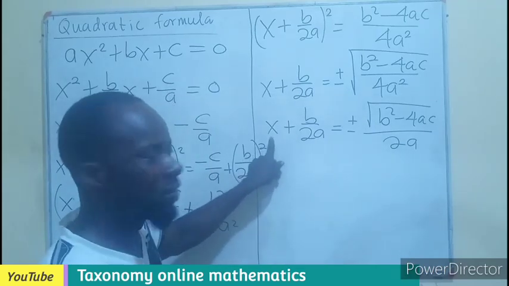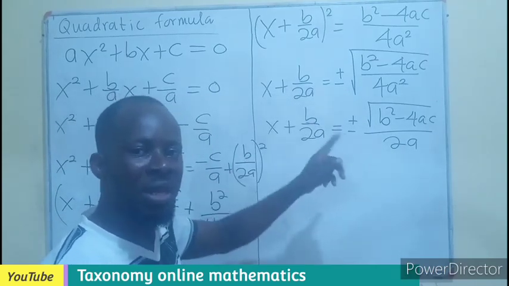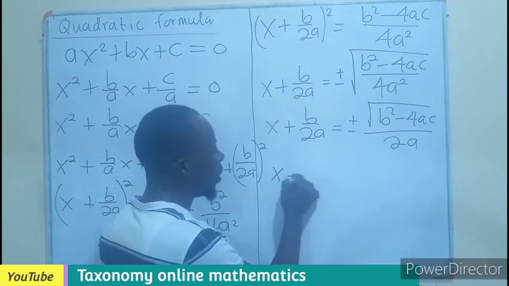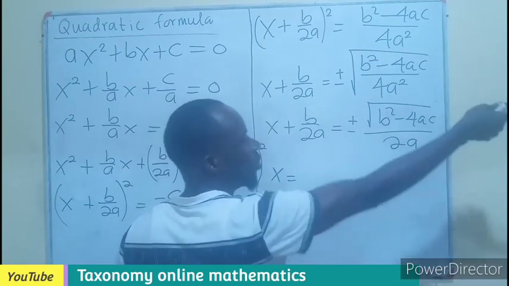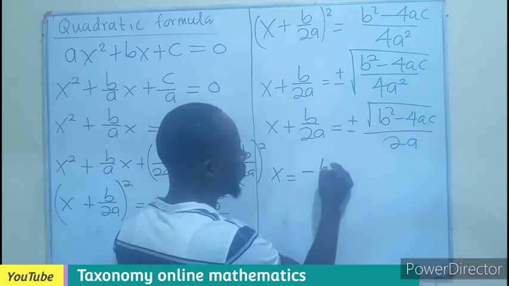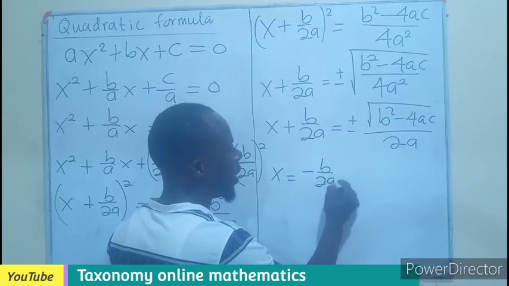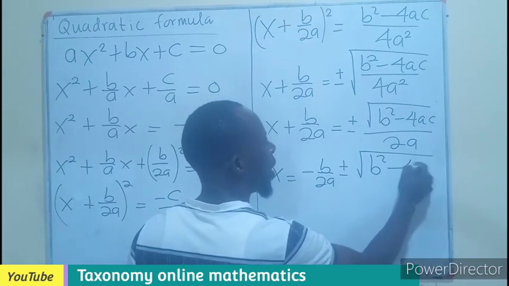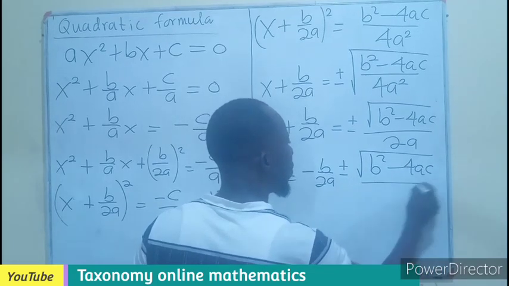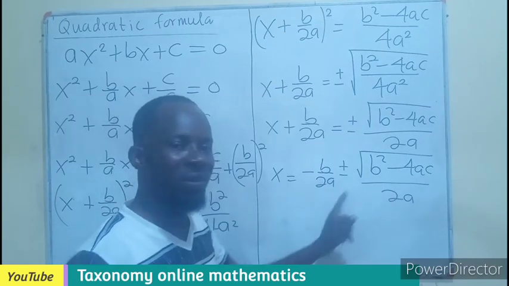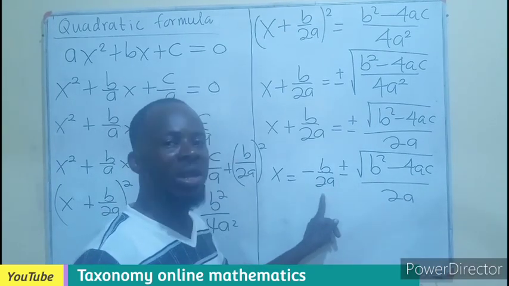But we are looking for x. So now let's subtract b over 2a from both sides. Then your x will now be equal to, we can put it there, or put it here, we are subtracting, so I can bring it forward. So minus b over 2a plus or minus the root of b squared minus 4ac all over what? 2a. Can you see these are two fractions with the same denominators?